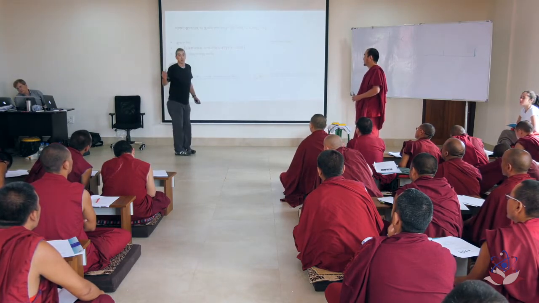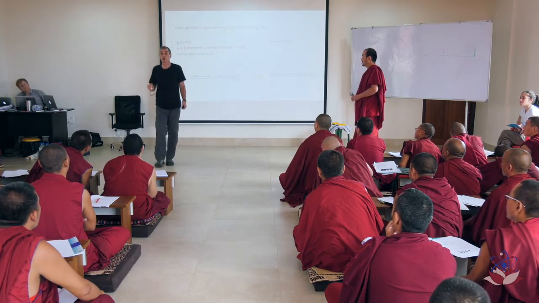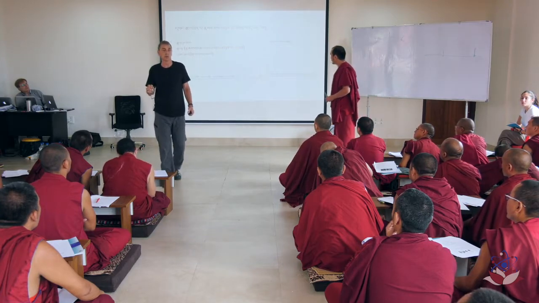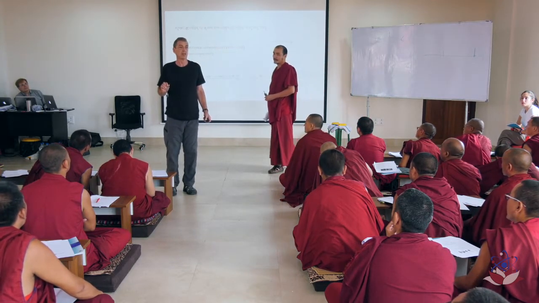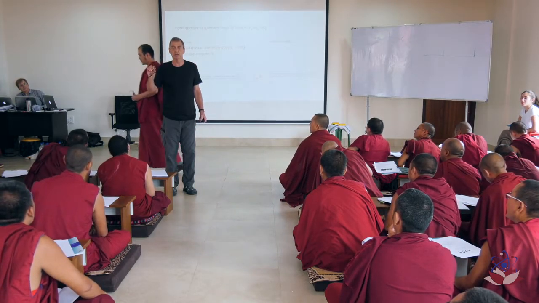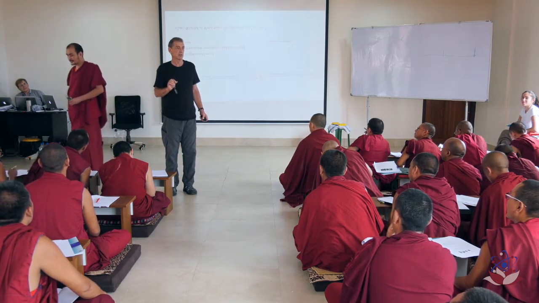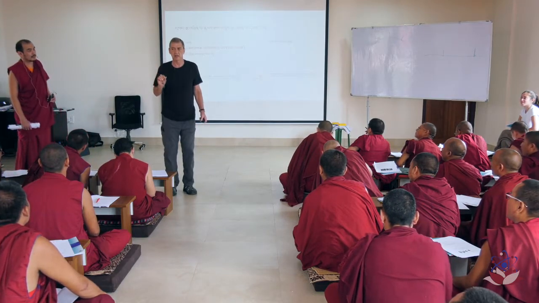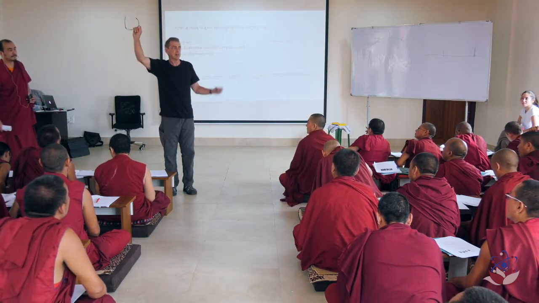GABA. What's the inhibitory neurotransmitter called? GABA. What's the excitatory neurotransmitter called? Glutamate. Glutamate and GABA.